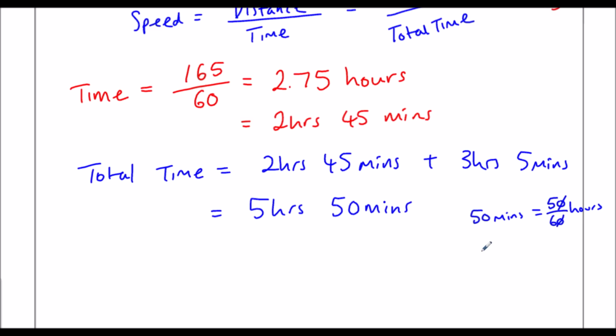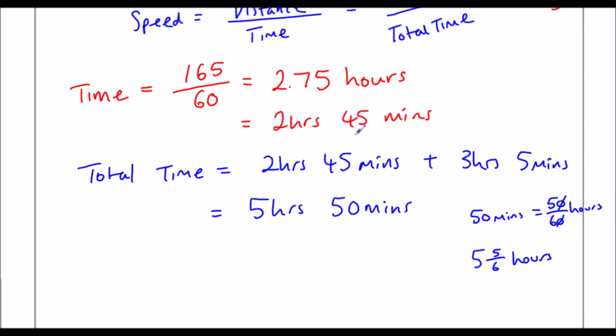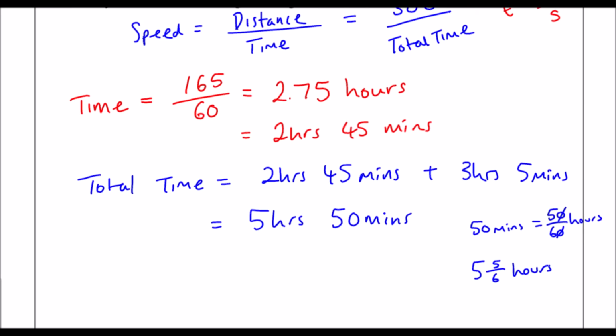So we could say we've got 5 and 5/6 of an hour, and we can work 5/6 out, which is 0.83 recurring, add it to 5, so 5.83 recurring hours. So we could use that, or the alternative, which is a bit easier, use the time button.